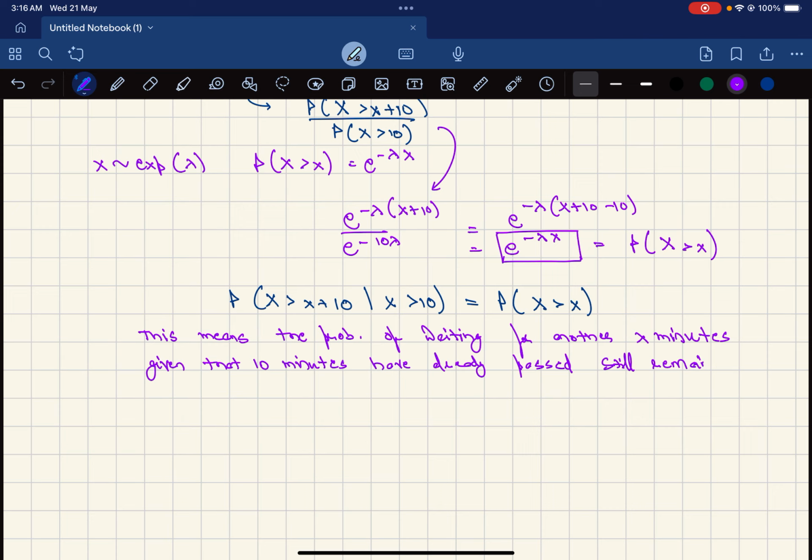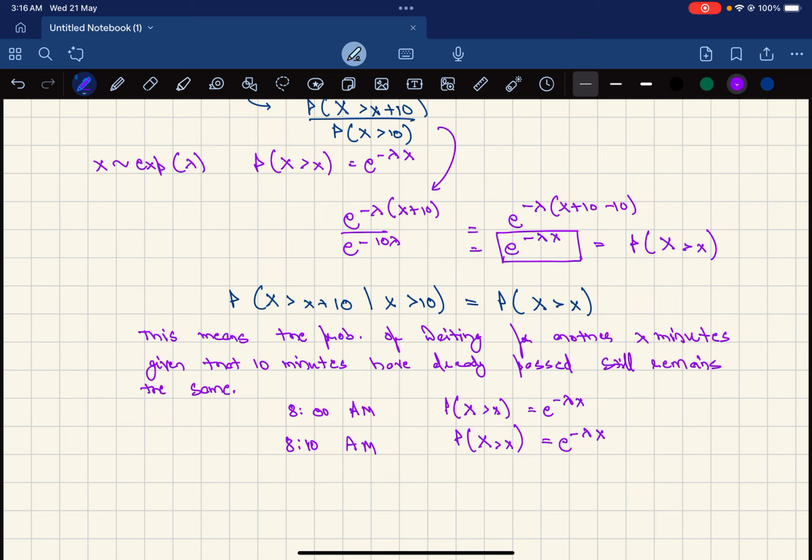It is like saying if we had come at 8 AM, then the probability was e to the power minus lambda x, and now at 8:10 AM, if we are calculating the same probability that we have to wait another x minutes, it still remains the same.